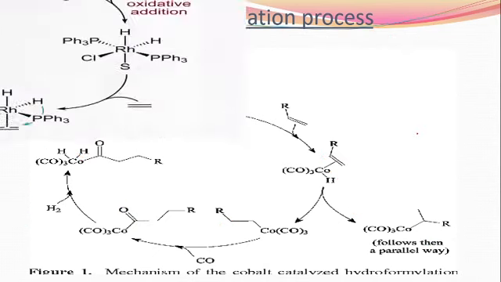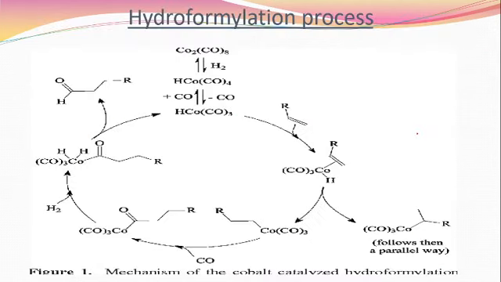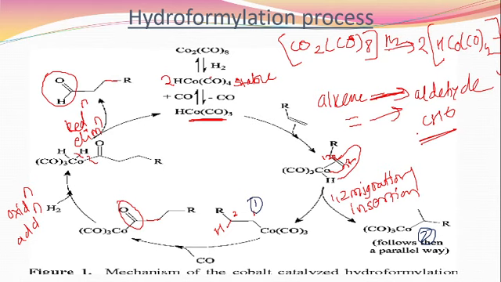In the hydrogenation process we only have to convert alkene into alkane, that's why we only add hydrogen. But in this process we have to convert alkene into aldehyde. That means we first convert alkene into alkane, and then we have to insert the carbonyl into that, and then oxidative addition takes place. This is the hydroformylation process.